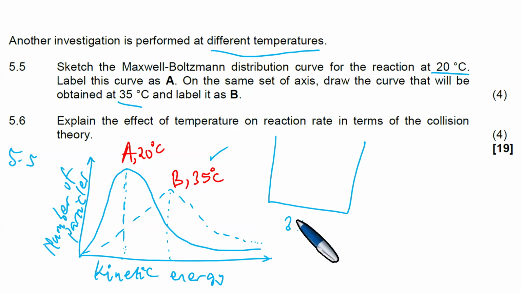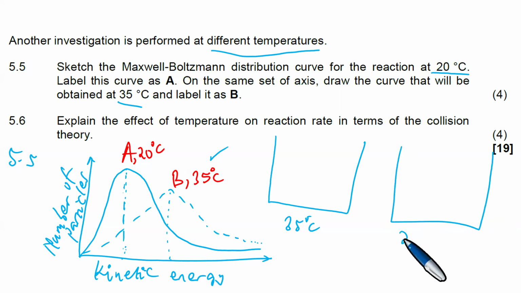So at 35 degrees relative to 20 degrees, the temperature is very high and therefore they are running a lot. So if you have that EK is large here, and here EK is less.